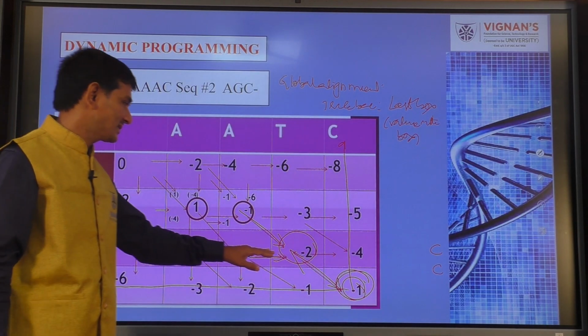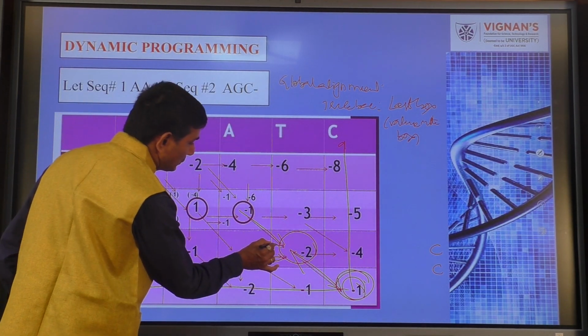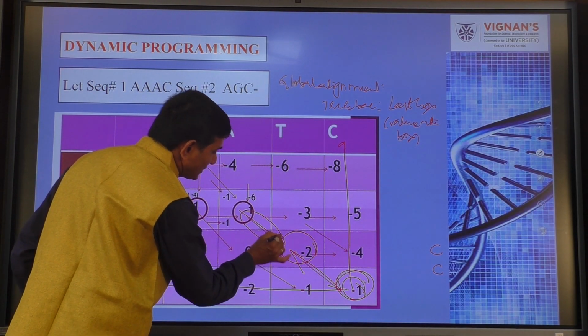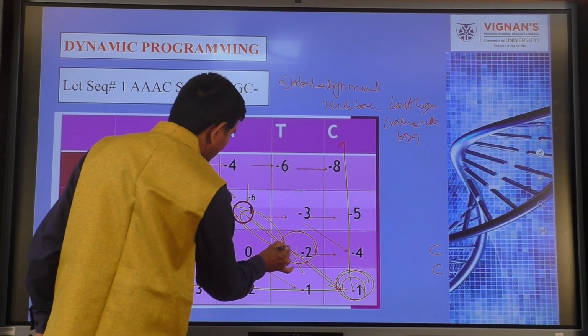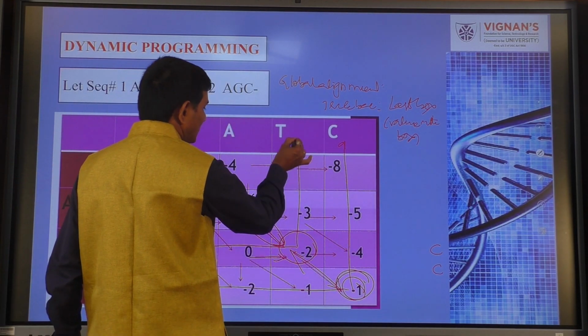For a particular box, if the value is obtained in more than one direction, then priority should be given to the cell where there is change in both row and column, right. So, the row coordinate for this particular cell is G. Similarly, the column coordinate for this particular cell is G.